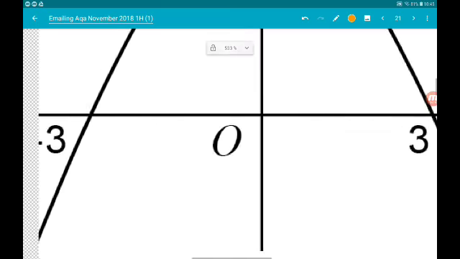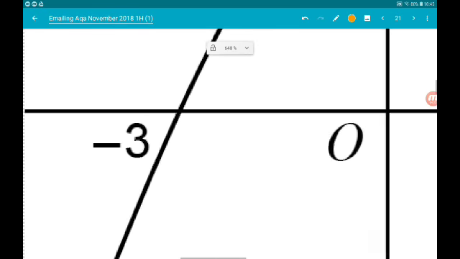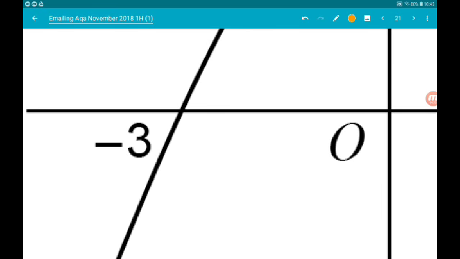remember when we solve quadratics equal to 0 and get the x values, we are finding the points where we cross the x-axis. So on the x-axis, y is equal to 0.